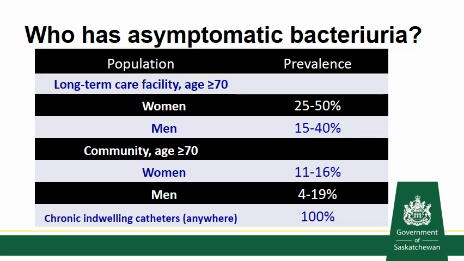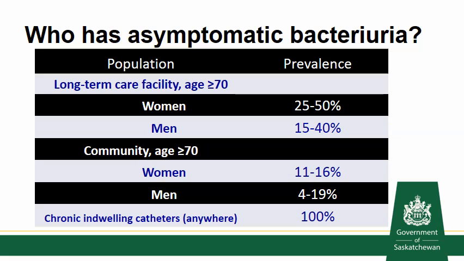Now that we know what asymptomatic bacteriuria is, and that if we do urine dipsticks or a culture and sensitivity test, we will get a false positive, let us look at who tends to have asymptomatic bacteriuria. Many studies have been done to come up with these statistics. In long-term care facilities in people over the age of 70, up to 50% of women will have it and 15 to 40% of men.